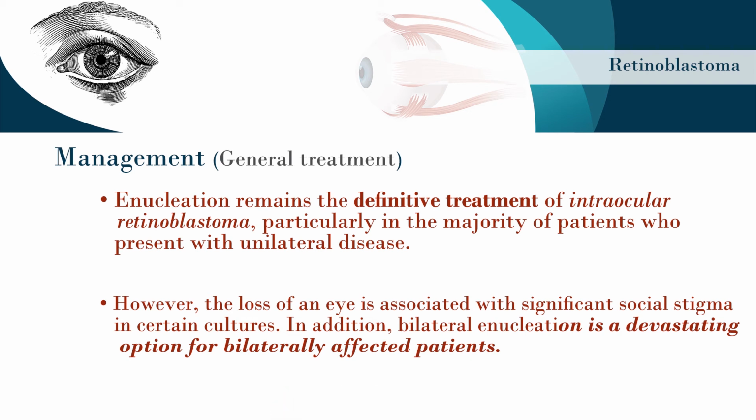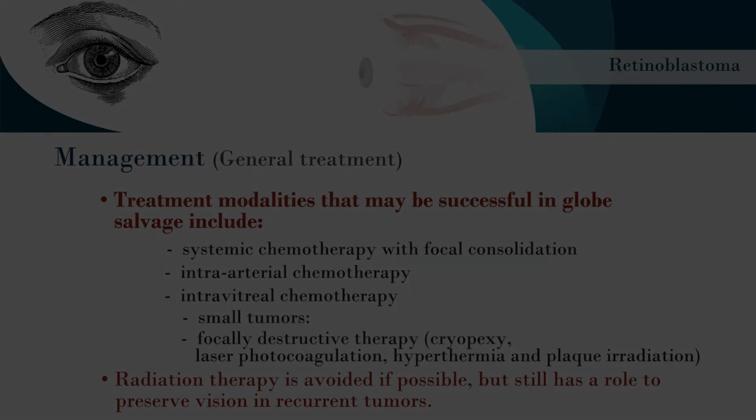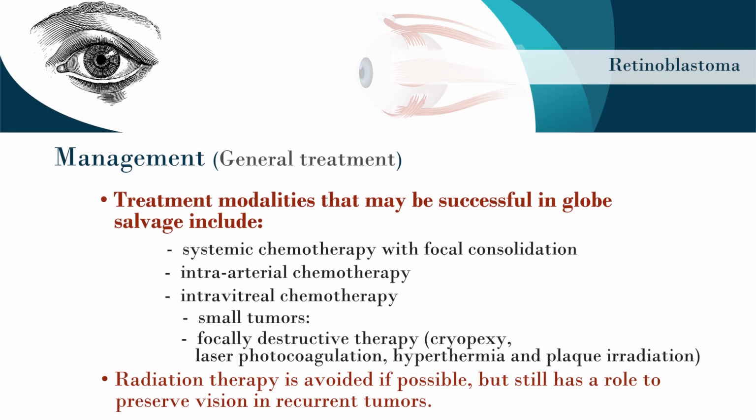Treatment modalities that may be successful in globe salvage include systemic chemotherapy with focal consolidation, intra-arterial chemotherapy, intravitreal chemotherapy, and, for some small tumors, focal destructive therapy: cryotherapy, laser photocoagulation, or hyperthermia with plaque radiation.